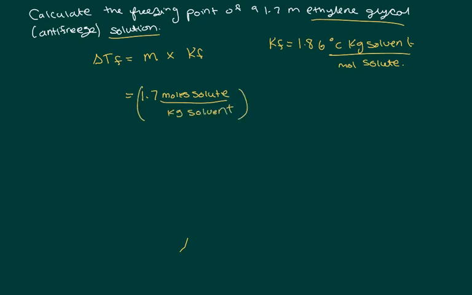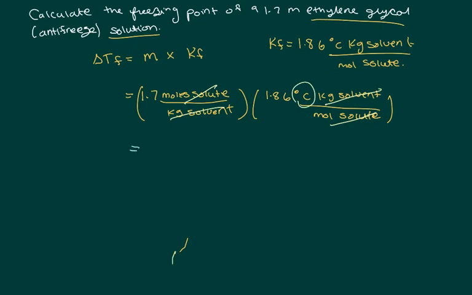And when you take that and you multiply it by 1.86 degrees Celsius kilogram of solvent divided by moles of solute, you see how your units end up canceling out, and you're left with degrees Celsius, which is your change in temperature or change in freezing point. So in this case, it would be 3.2 degrees Celsius.